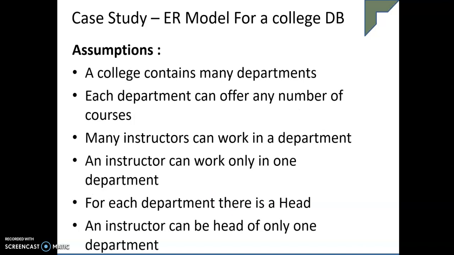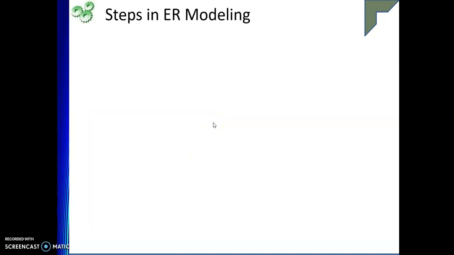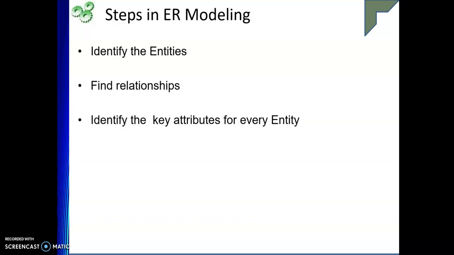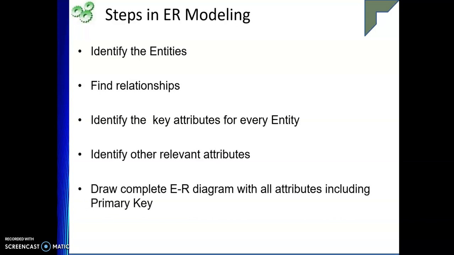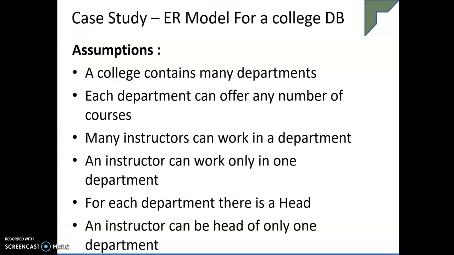So if you see this, as I was telling, in order to identify first the entities, the steps that we have are to identify the entities, find the relationships, then the key attributes of every entity, then identify other relevant attributes, and then you draw the diagram. Okay, so the first step is to identify the entities from this problem.